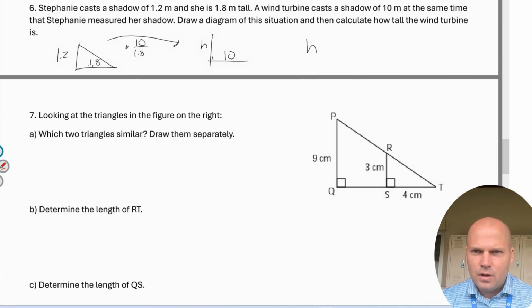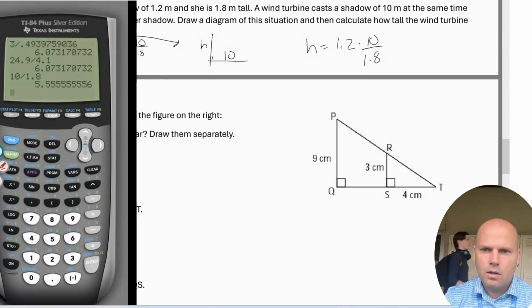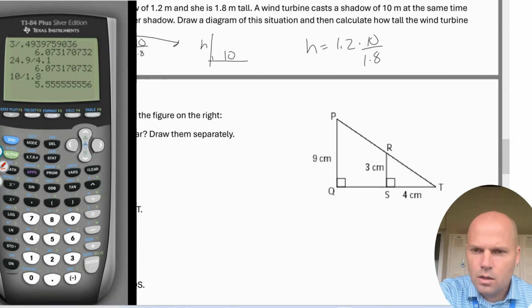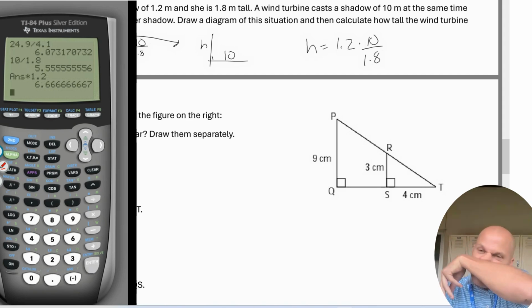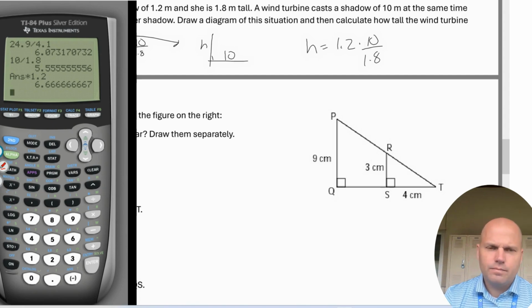I need to take 1.2 and multiply it by 10 over 1.8. And we get 6 and 2/3. Look at that. Meters. Cool.